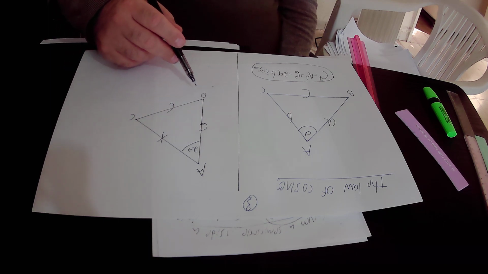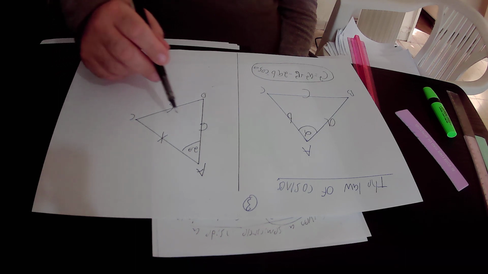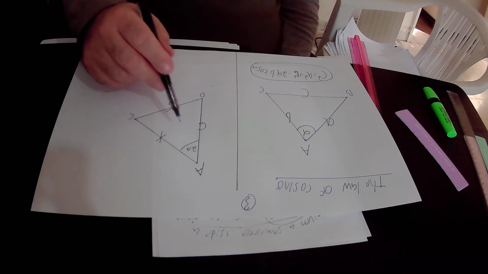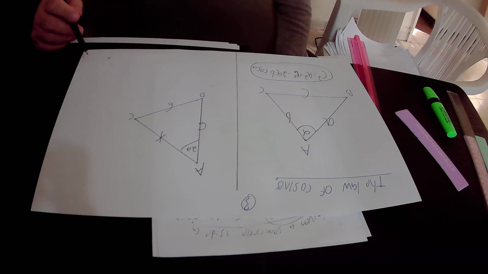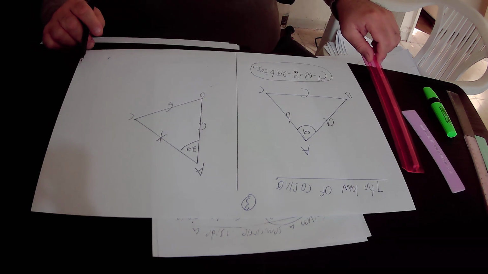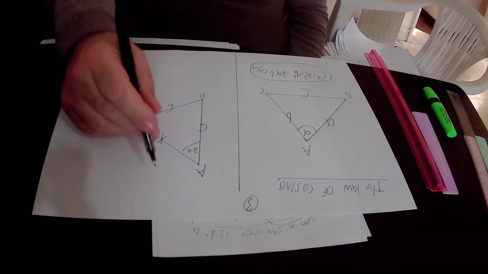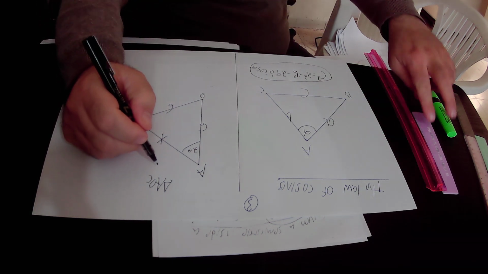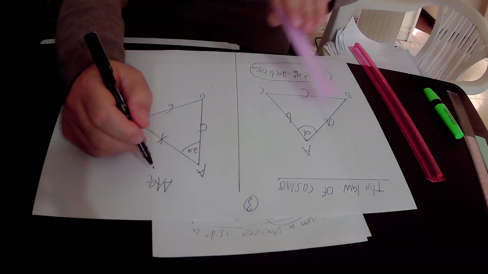Side AO equals 6 units, side OC equals 6, and side AC equals x. So we'll implement the law of cosines on this triangle, triangle AOC.